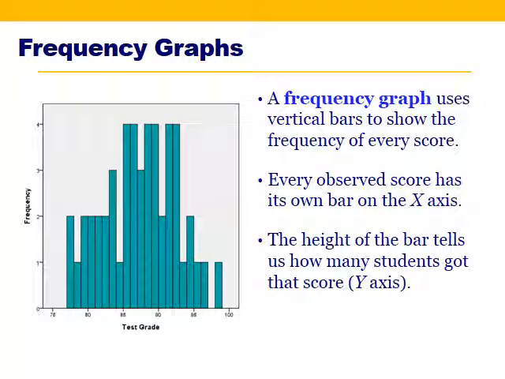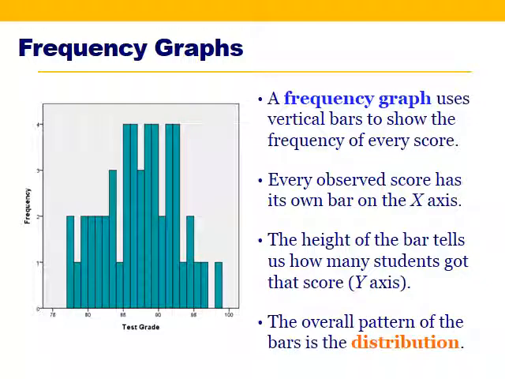The height of that bar tells us how many students got that particular grade. So again, you'll see that 2 people got 77s, 1 person got a 78, 2 people got 79s, 4 people got 85s, for example, and then all the way up to 1 person who got a 98.